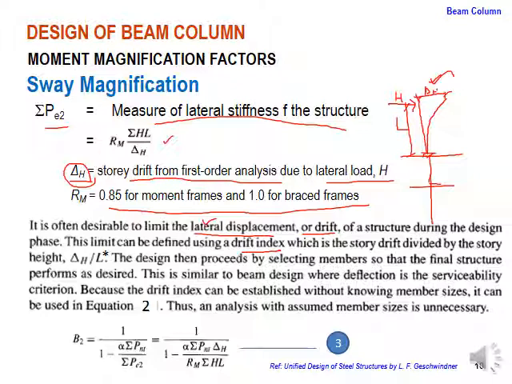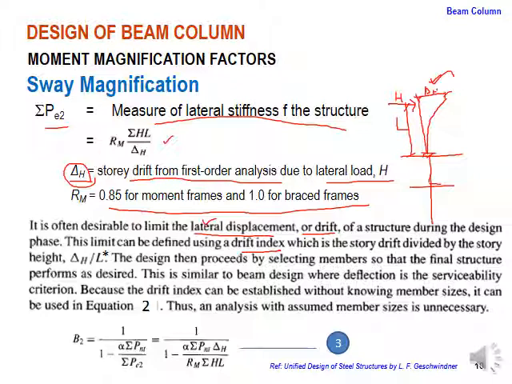So if we apply the limit on the drift index, then in this particular equation the P_E2 formula is not going to incorporate the dimensions like the P_E1 formula, the ideal critical buckling formula. There we require the I value. So to calculate the moment of inertia, the member sizes are important to know.